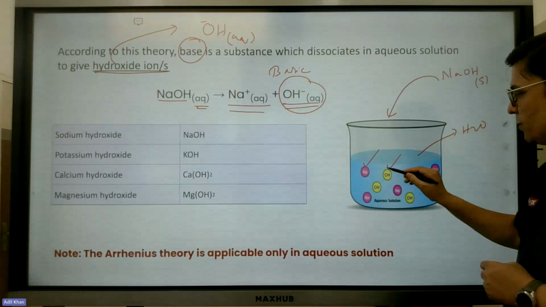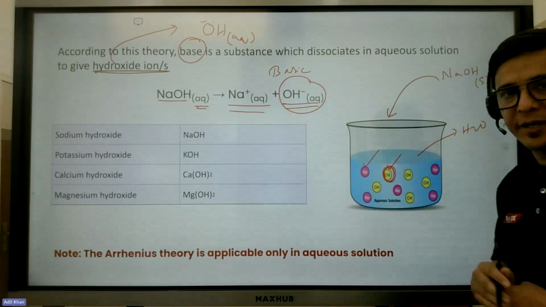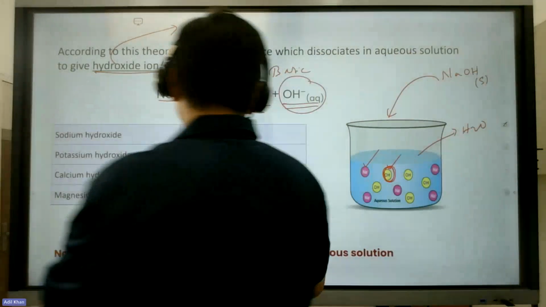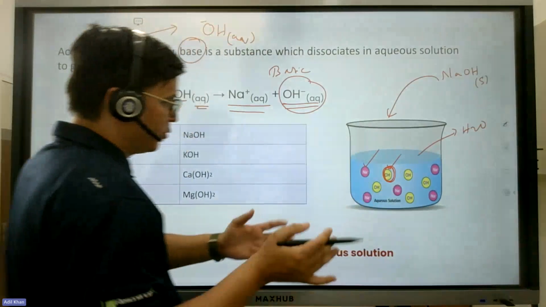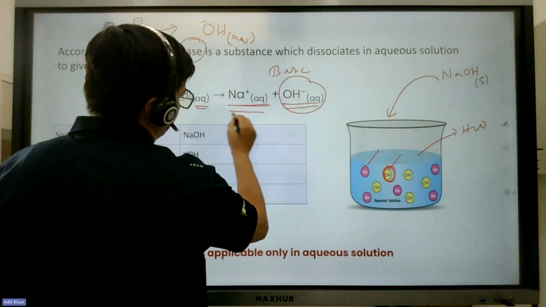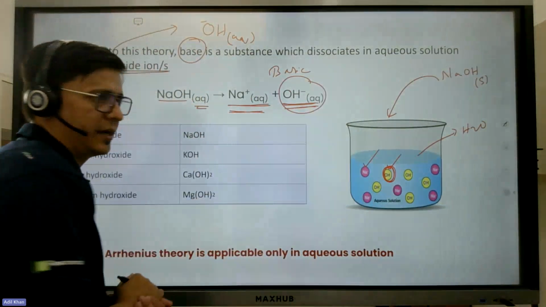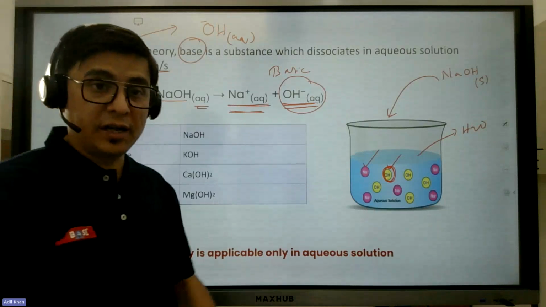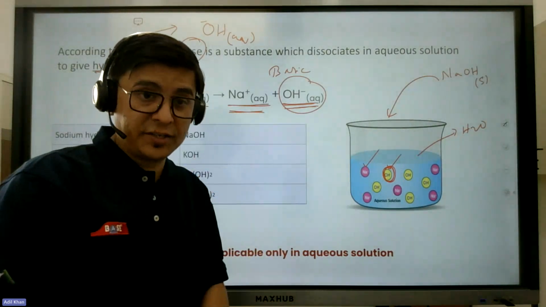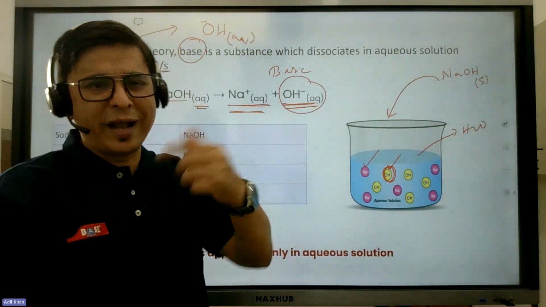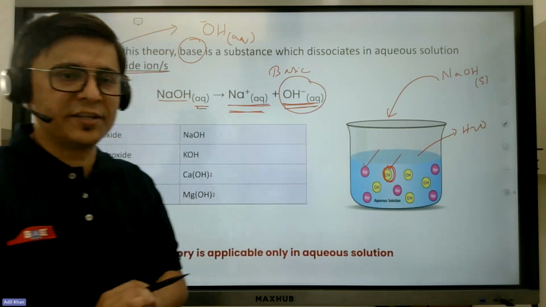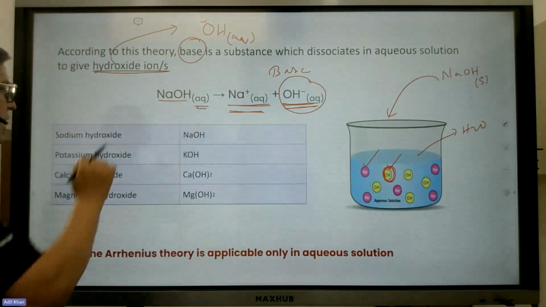So OH minus is responsible for the basic nature. And they both are hydrated. Hydrated means water molecule is linked. That's why we are writing Na plus aqueous and OH minus aqueous. Without water, NaOH is not a base. In the presence of water, when OH minus comes out, then only it is an important base.